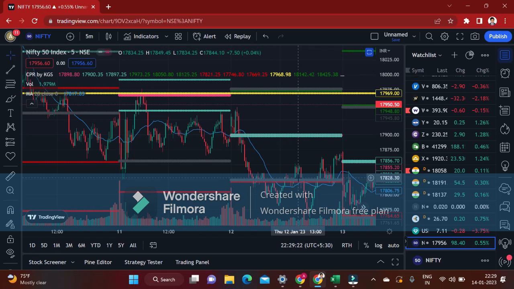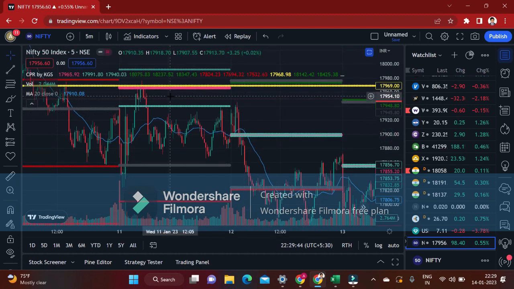If it is retracing, you take a pullback trade. If the market is breaking, you take a breakout trade. If the market is breaking the price, we have to confirm with the best indicators, so that is why CPR is the best indicator in my opinion.